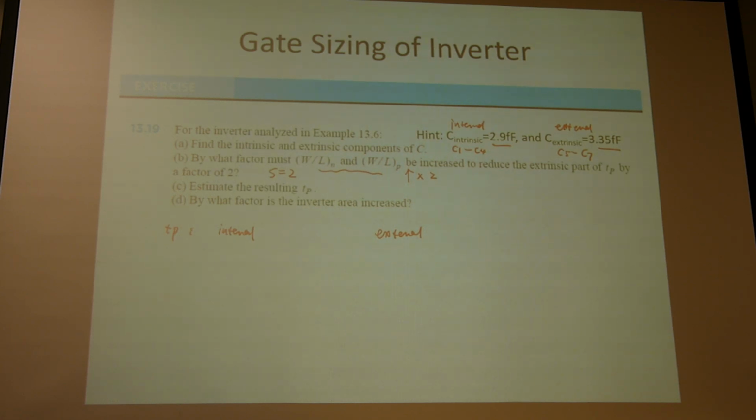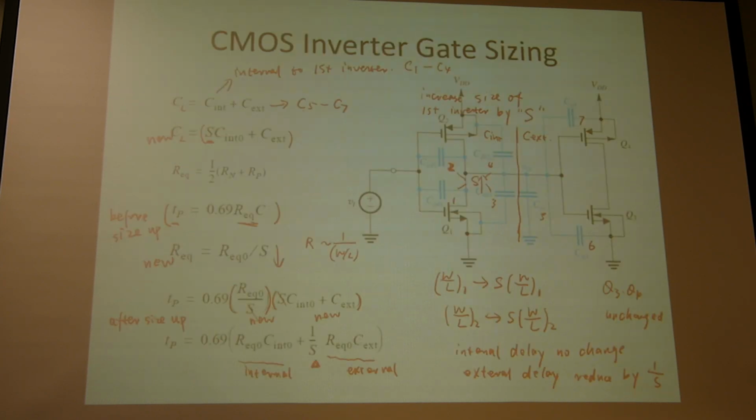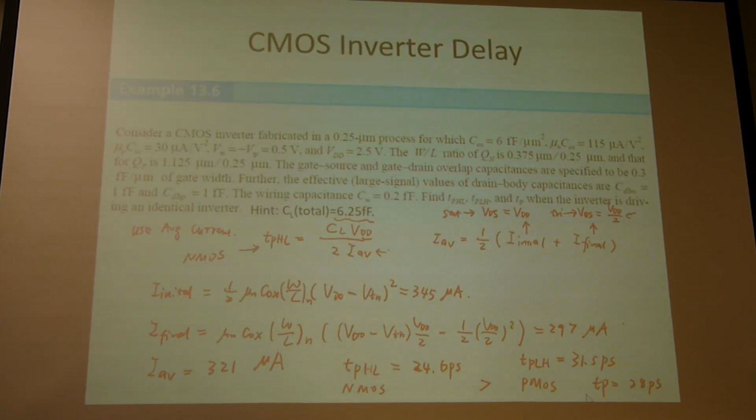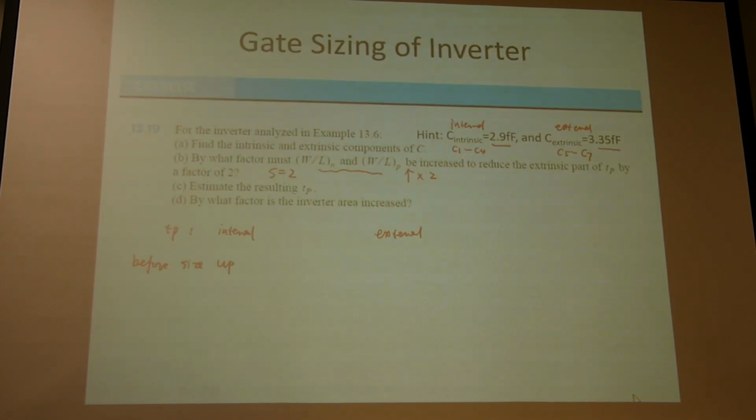Initially, before size up, this is related to the previous example. So here with TP we get 28 picoseconds. So before size up, TP is 28 picoseconds. But you want to look at internal versus external. Within this 28, how much comes from the internal? How much comes from the external?